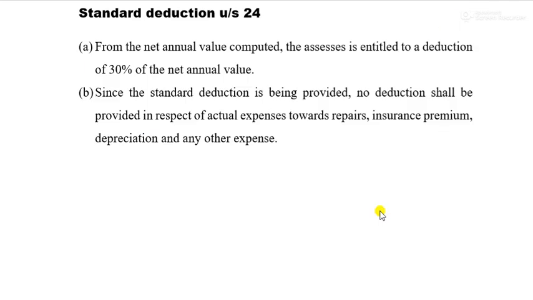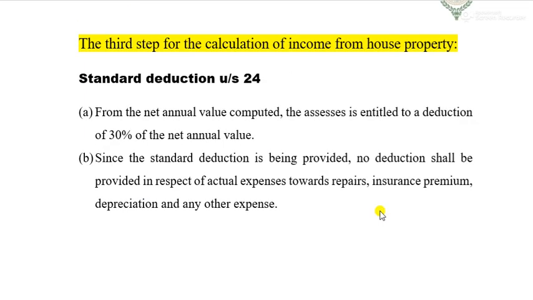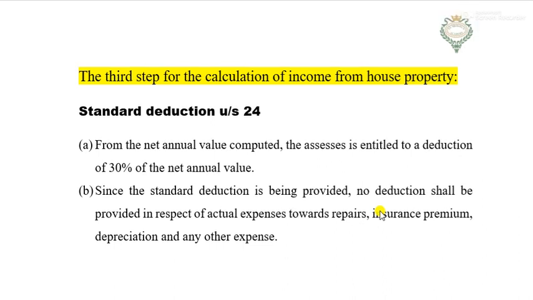Now coming to today's class, standard deduction. Now what is standard deduction? The assessee says to the income tax officer that, sir, you are a very smart person. Whether or not I collect rent, you take the income from house property from me.